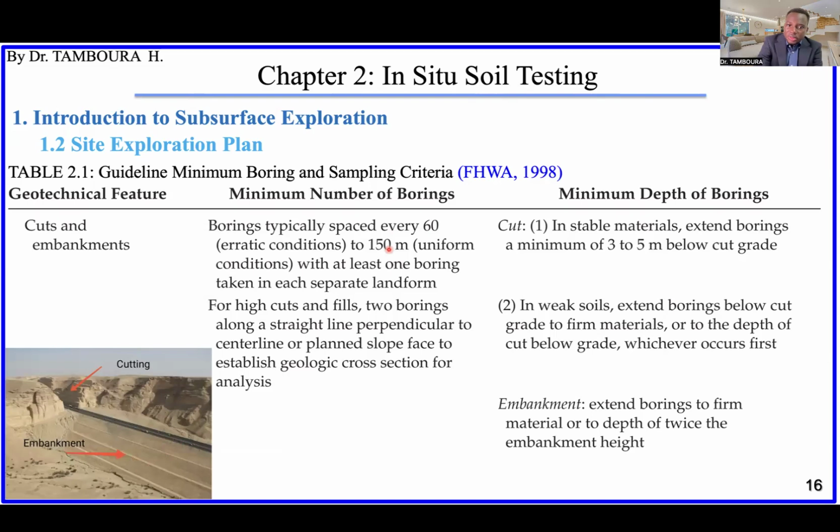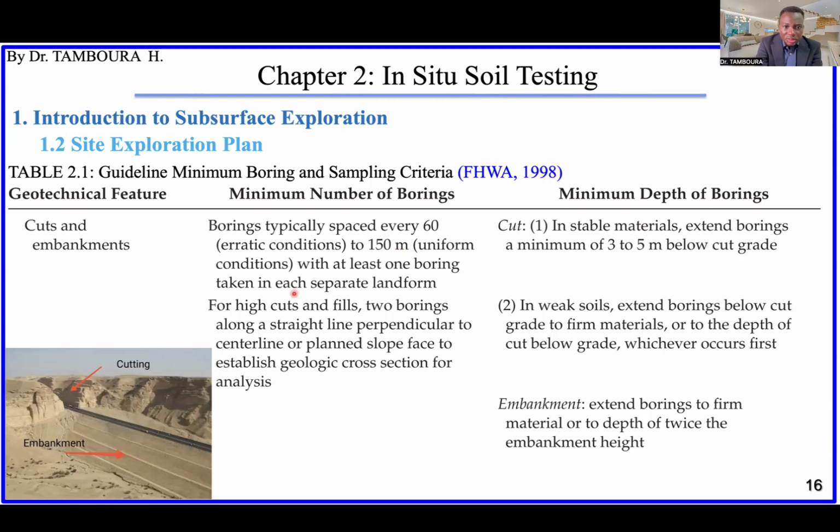Okay. 60 is when the conditions are not uniform. Okay. You need to be more careful. But if it is almost uniform, you can go up to 150 meters. That is the spacing from one boring to another.